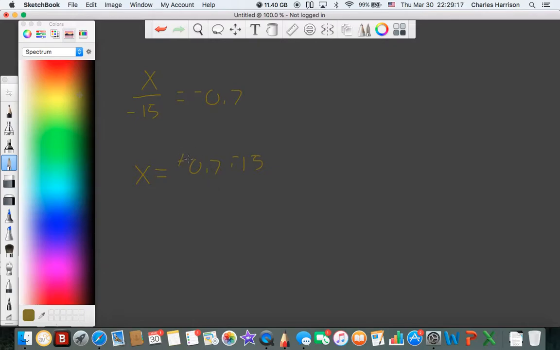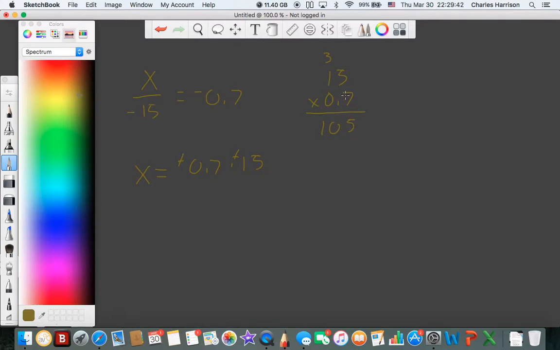Well, right away, when we times by two numbers that are negative, we get a positive. So it's just 15 times 0.7. Well, what is 15 times 7? First off, 5 times 7 is 35, carry the 3, so 105.